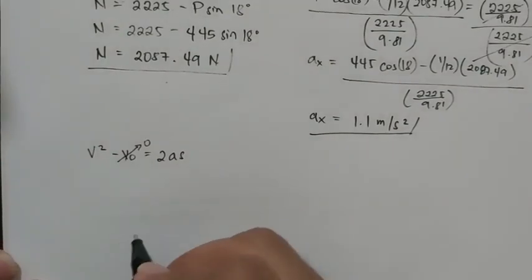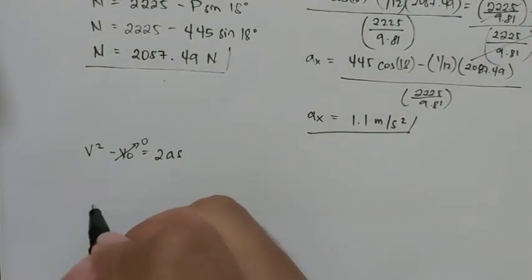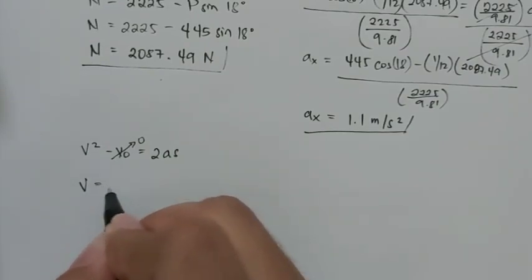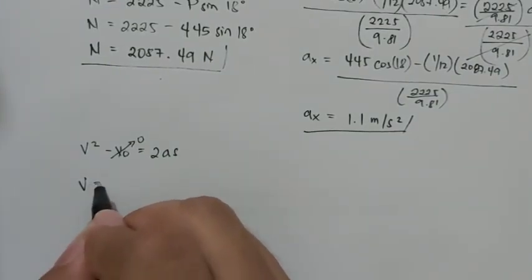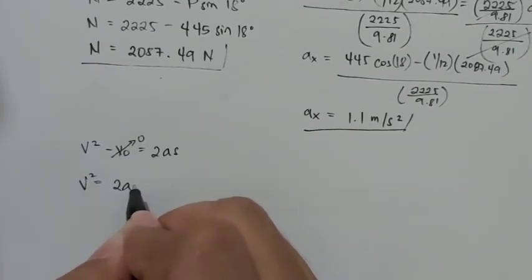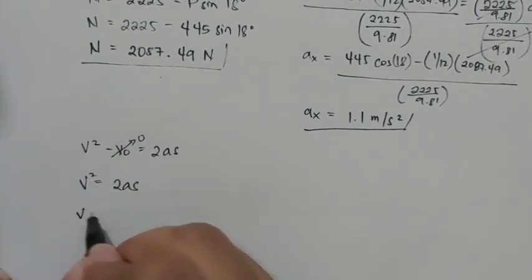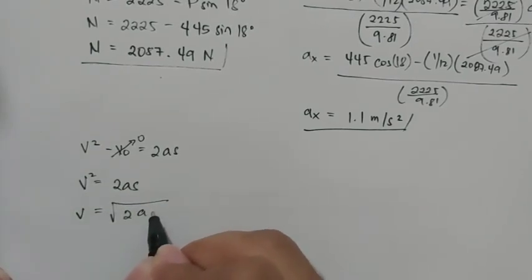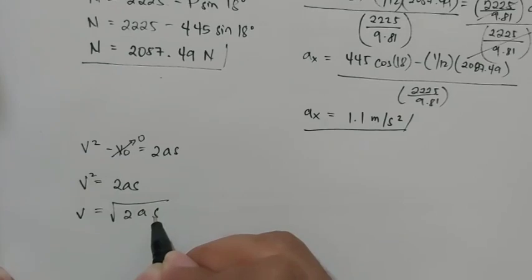So v squared is equal to 2as. Therefore, v is equal to the square root of 2 times acceleration times the distance.